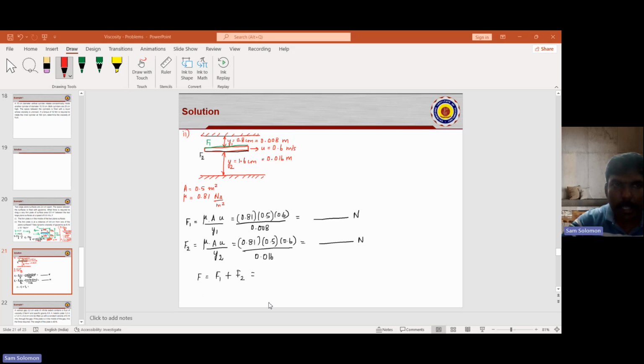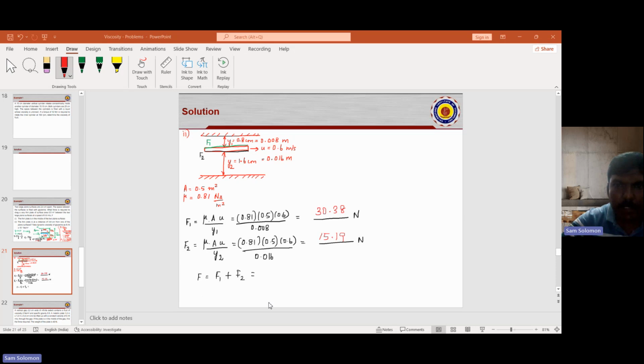So we have got 0.81 into 0.5 into 0.6 whole divided by 0.008. So that is 30.38. If we divide the same with 0.016, we have got 15.19.